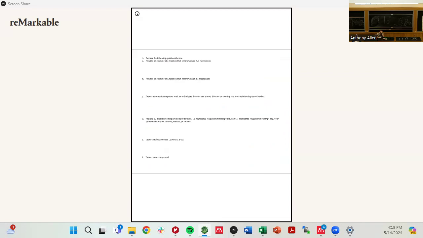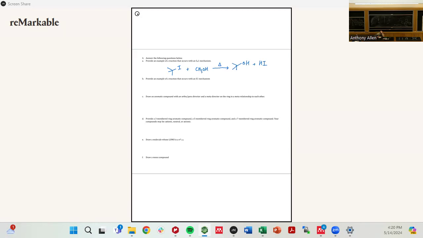Example with an SN1, sure, let's do a tertiary alkyl iodide plus CH3OH with heat going to a tertiary alcohol plus HI. So tertiary substrate, weak nucleophile, heat.